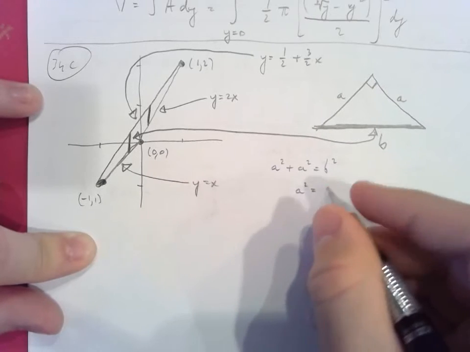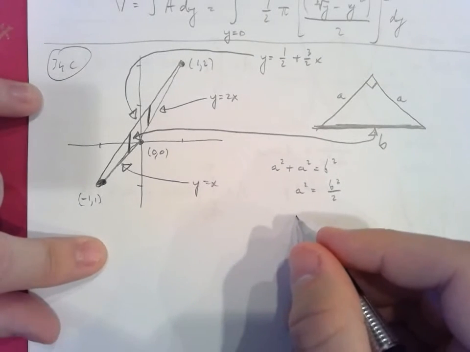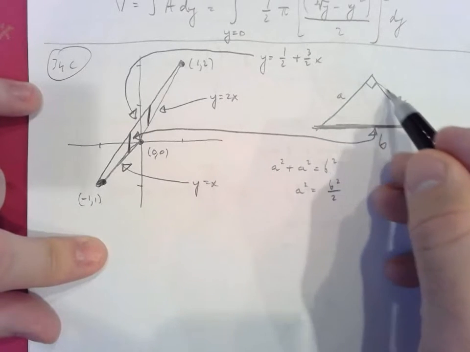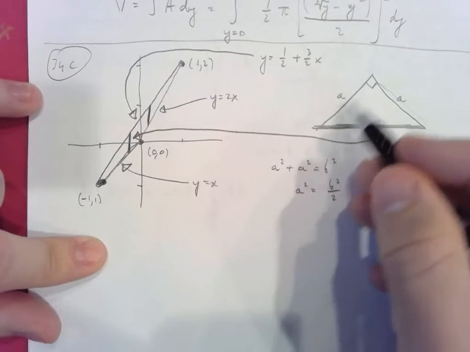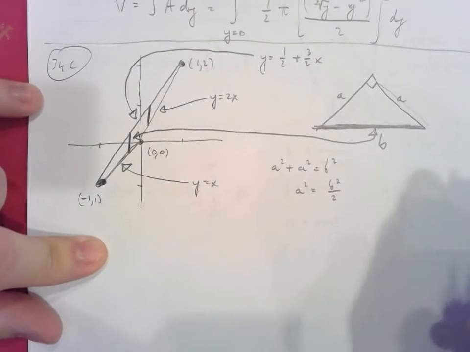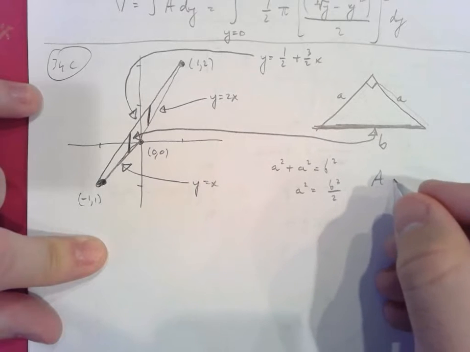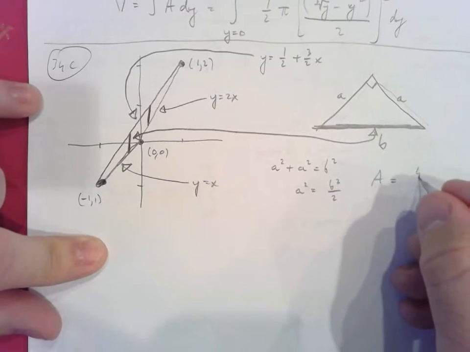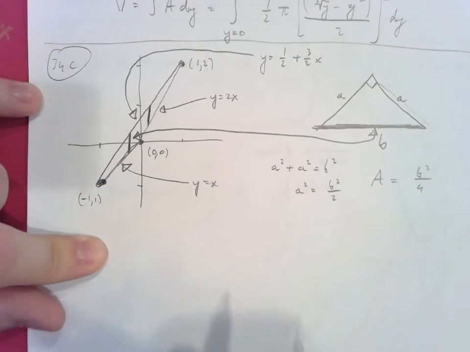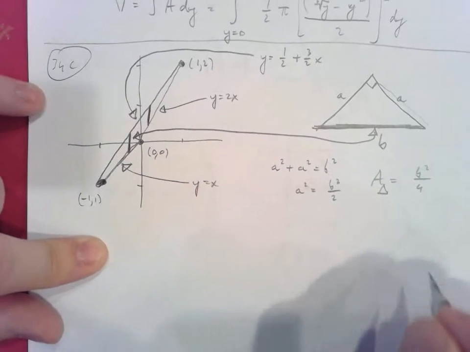So a squared is b squared divided by 2, and the area is base times height, right? So these are perpendicular. I can take one of them to be the height, divided by 2. So that means the area of the cross section is going to be b squared divided by 4, because I just divide the whole equation here by 2, and that's the area of the triangle.